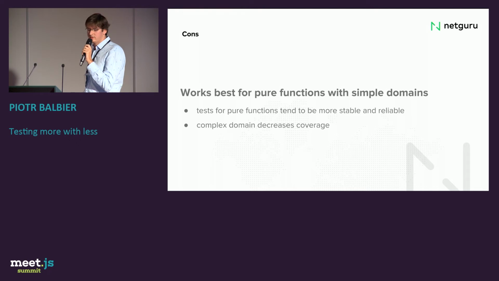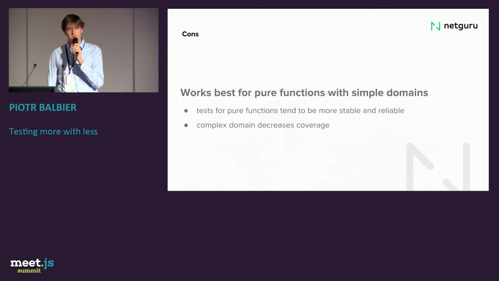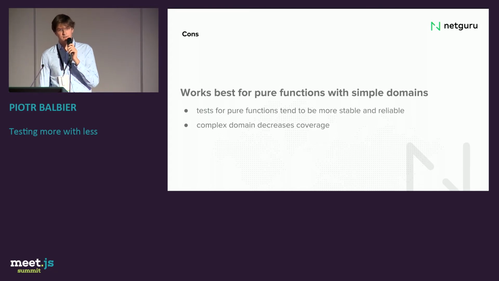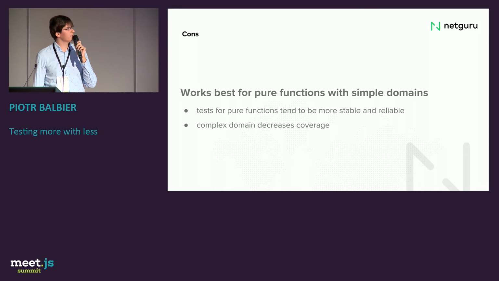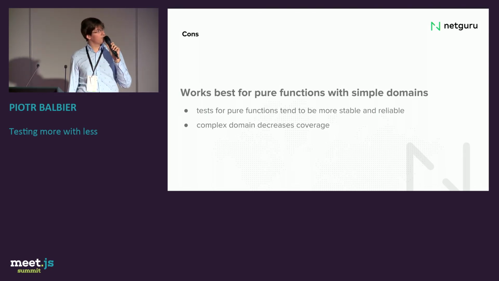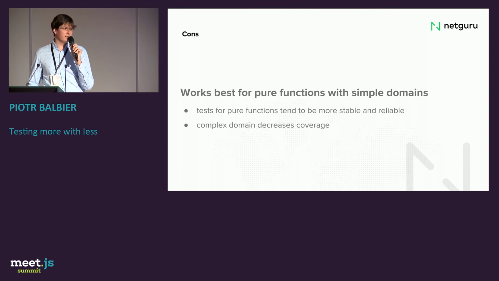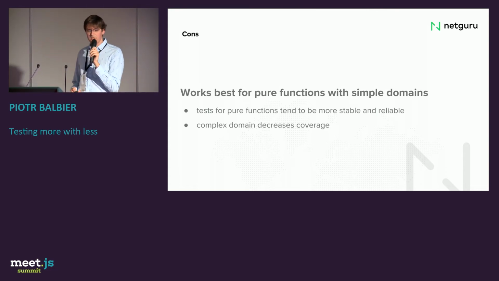And it's also good for functions that have quite simple domains. For example, an array as a single parameter, or an object with quite few properties. Because actually it tests at most hundreds or thousands of cases each time.